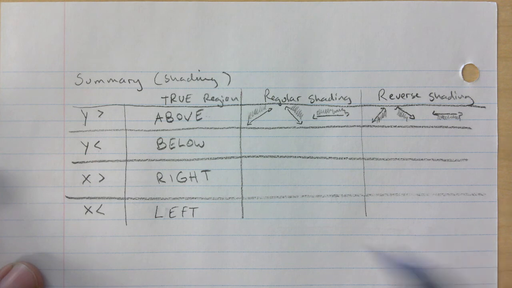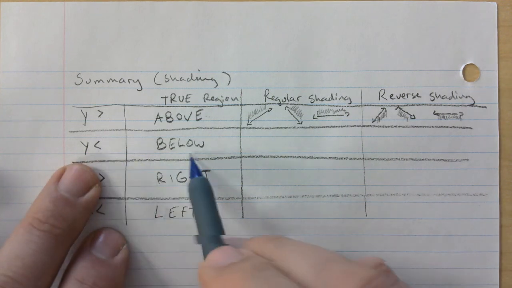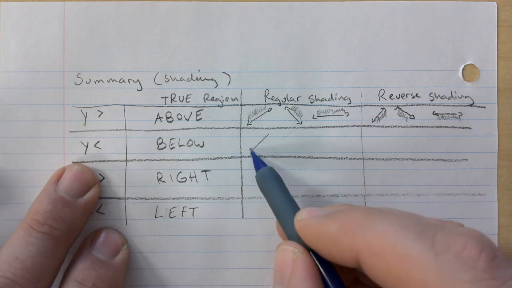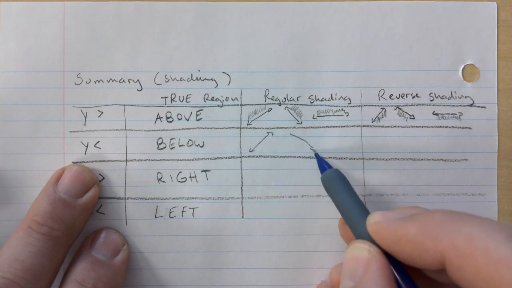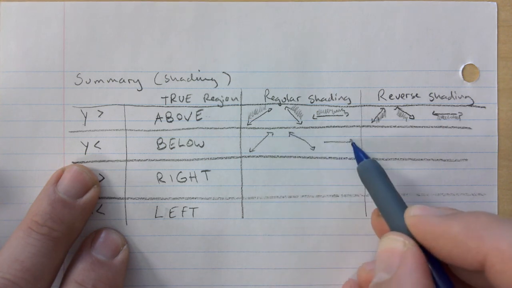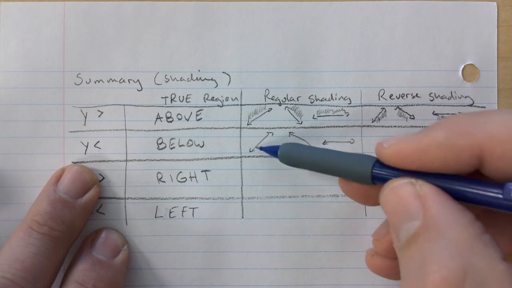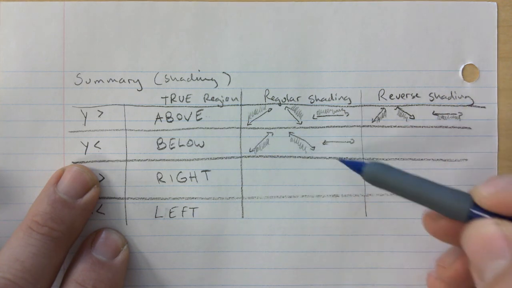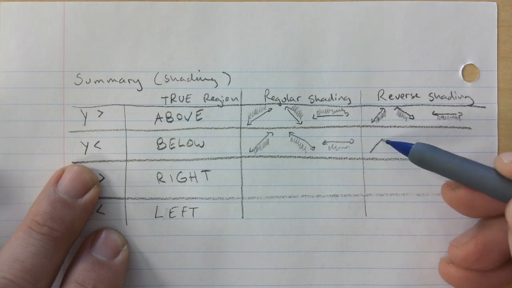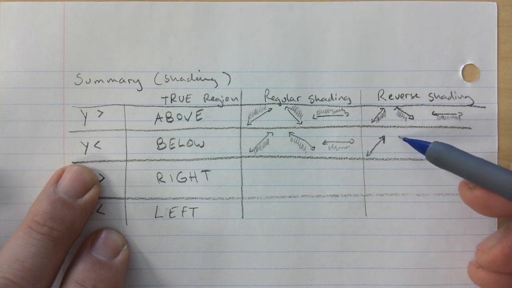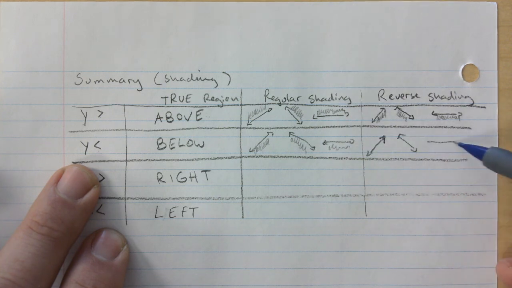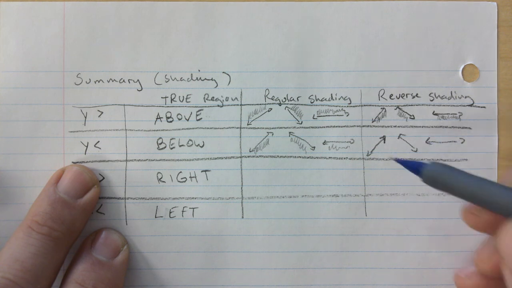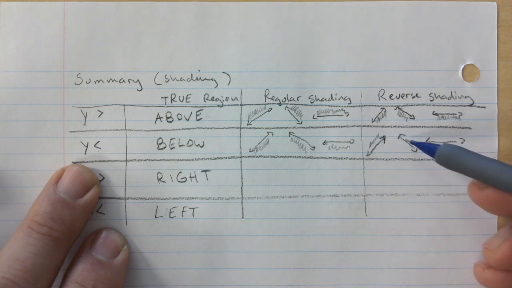So that's kind of what it is. If it's y less than, it's basically the opposite, right? You'll be shading below if it's true, if it's regular, sorry. You'll be shading above if it's reverse shading.